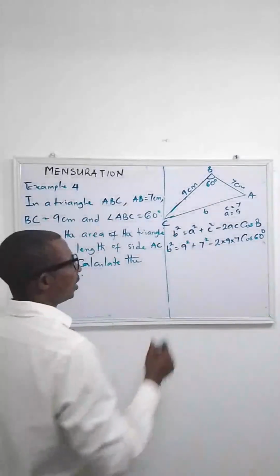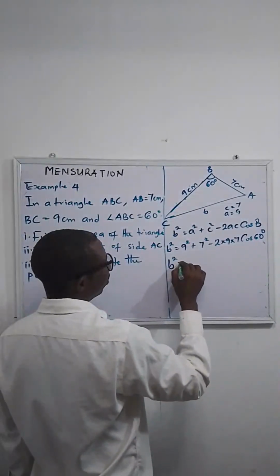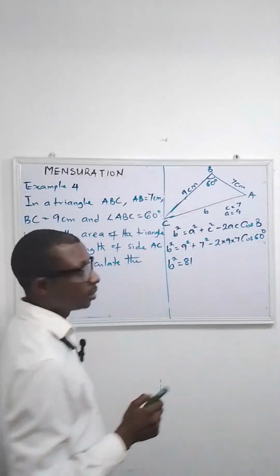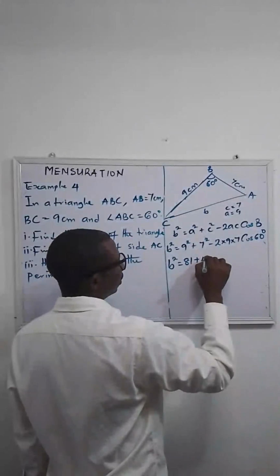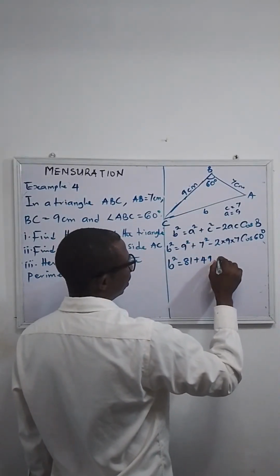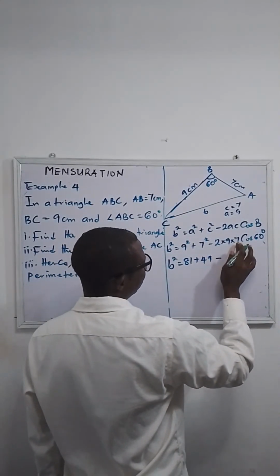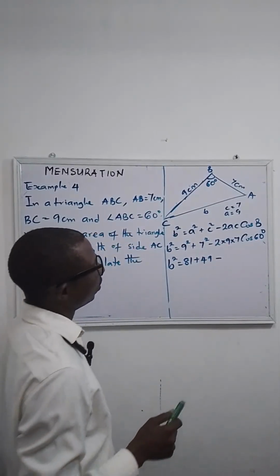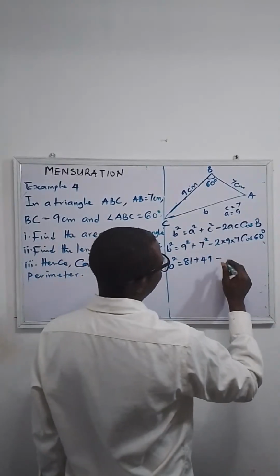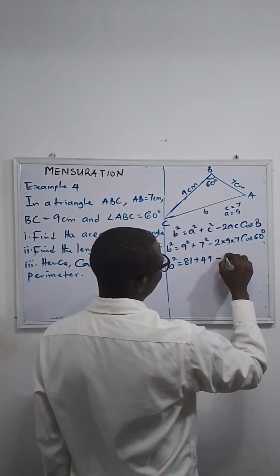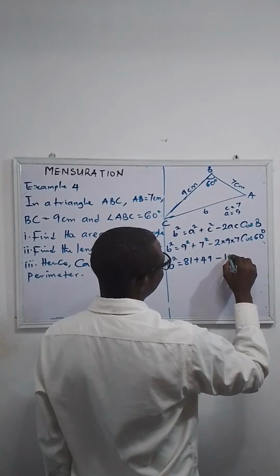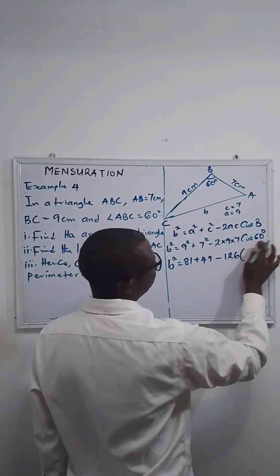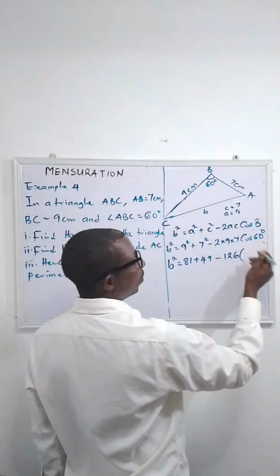So b squared equals 81, since 9 times 9 is 81, plus 49, minus 2 times 63, which is 126, times cos 60.